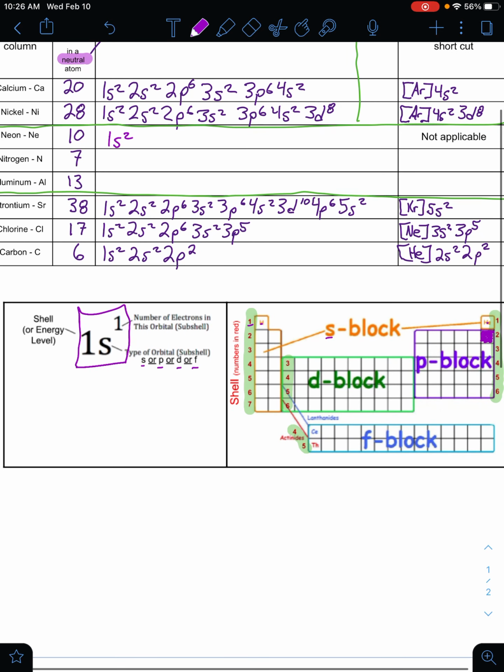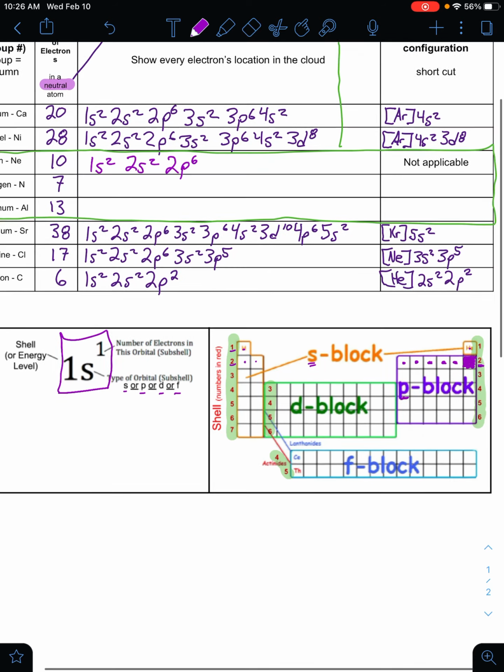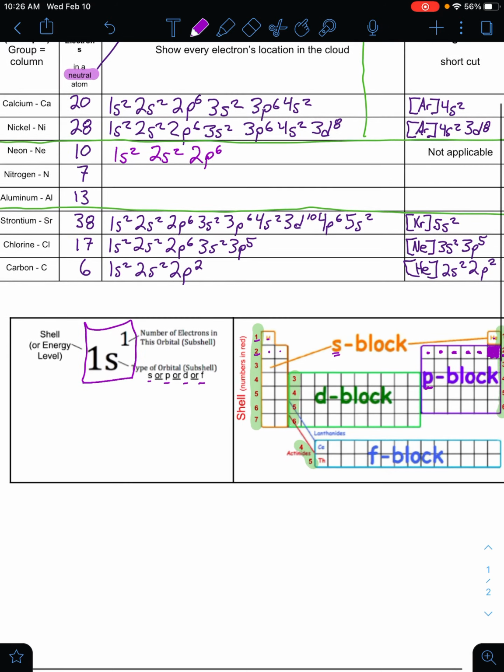Continue counting. We get 2s, 1, 2. Continue counting. We have 2p, 1, 2, 3, 4, 5, 6. 2p6, that got us to our target cell. We are done. Neon is a noble gas, so it does not have a shortcut. So I did not put the condensed electron configuration there.